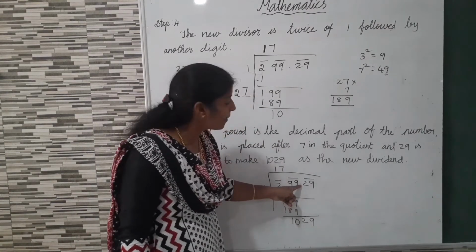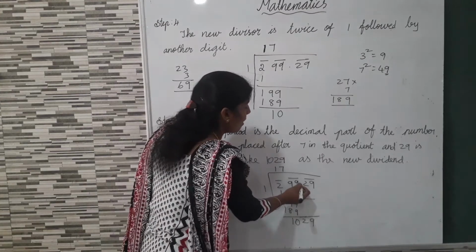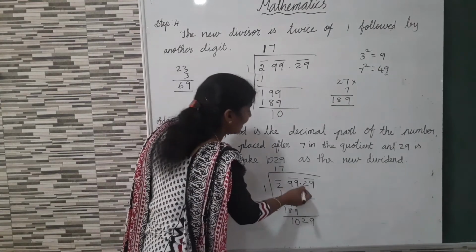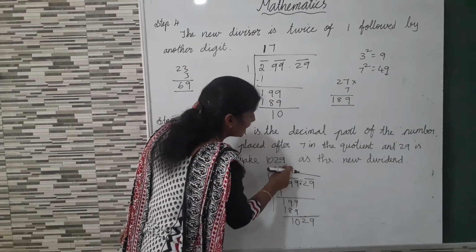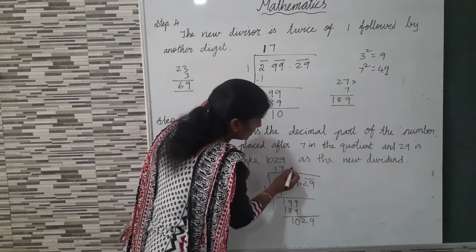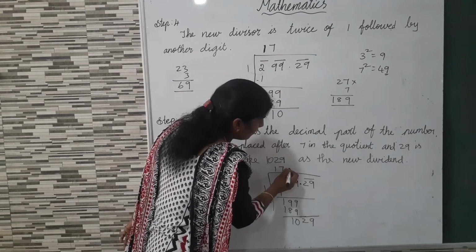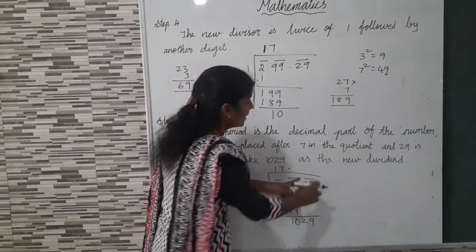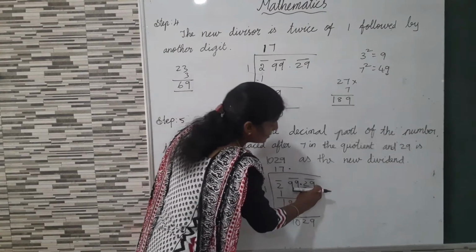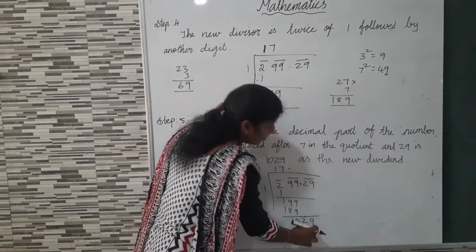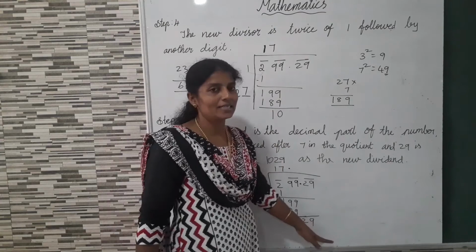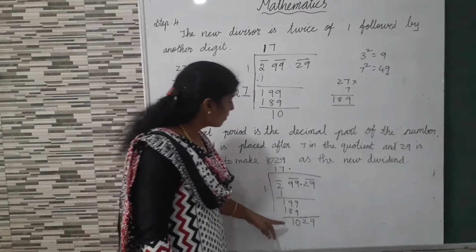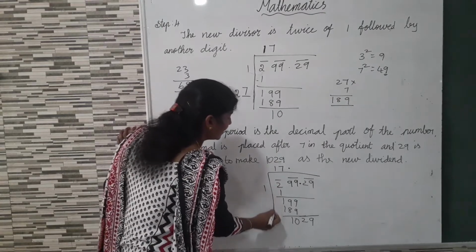The decimal point is placed after 7 in the quotient. Now we bring down the next period, that is 29. Now 1029 is the new dividend. Now we have one new dividend. What is the divisor now?